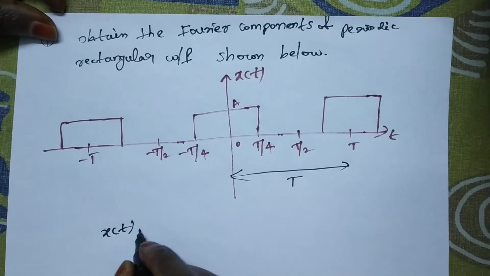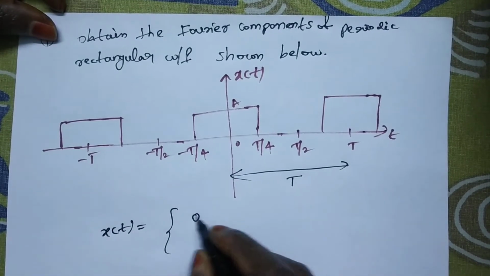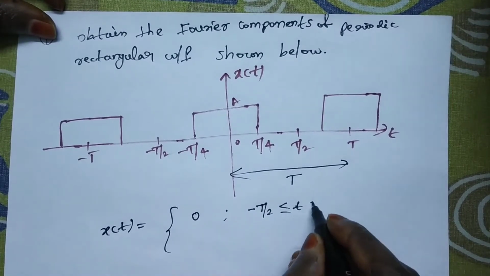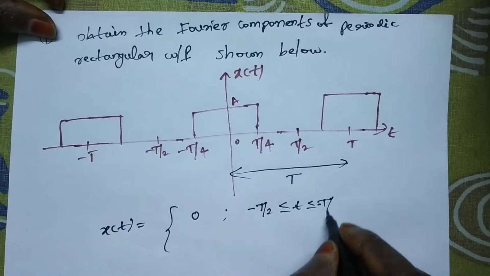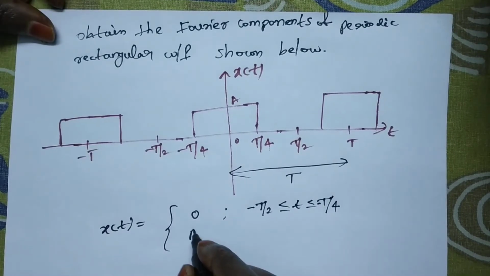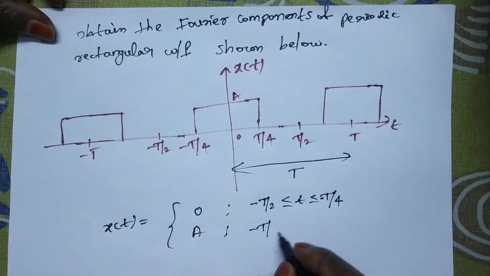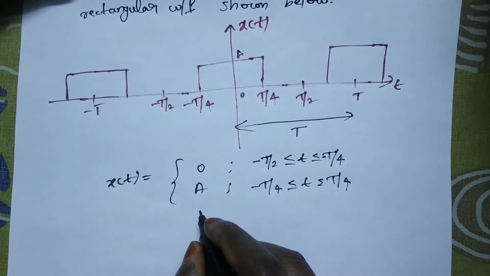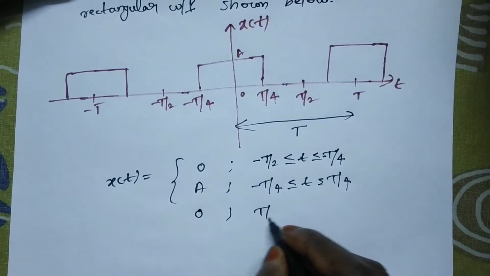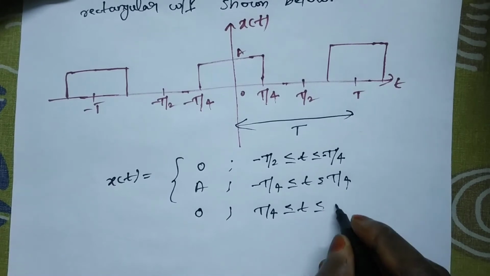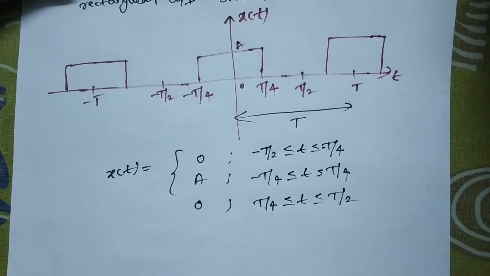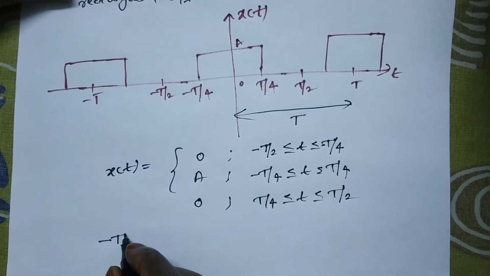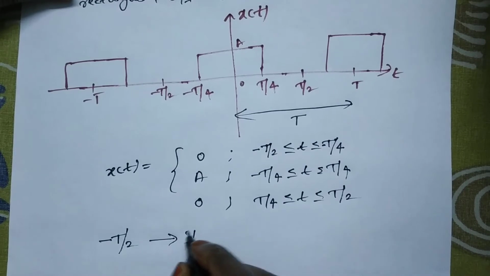X of t is equal to 0 for minus T by 2 less than or equal to t less than or equal to minus T by 4, and A between minus T by 4 less than or equal to t less than or equal to T by 4, and 0 for T by 4 less than or equal to t less than or equal to T by 2. And for easy computation, consider the waveform between minus T by 2 to T by 2.